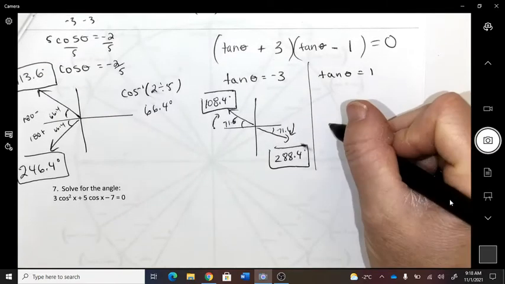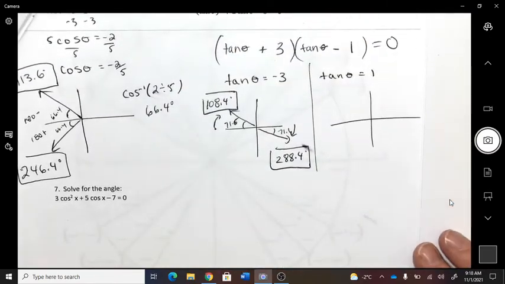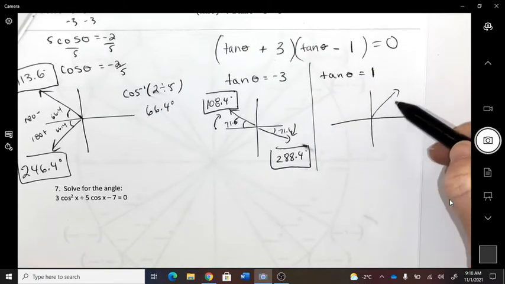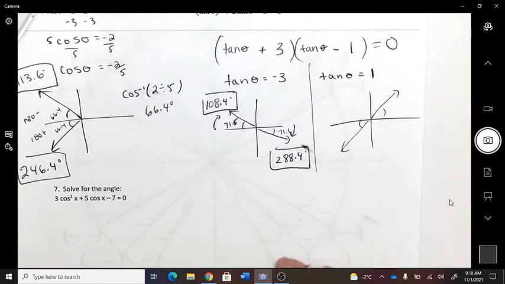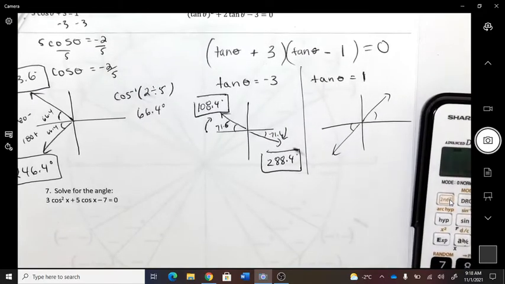Okay, we have to keep going here. This question looks like it could have 4 answers on it. Okay, so it's a positive. So I'm positive, I'm in quadrant 1, 3. Okay, now I'm in calculator mode.